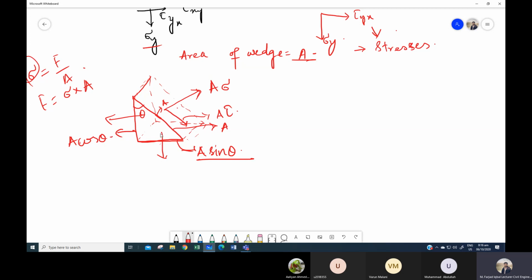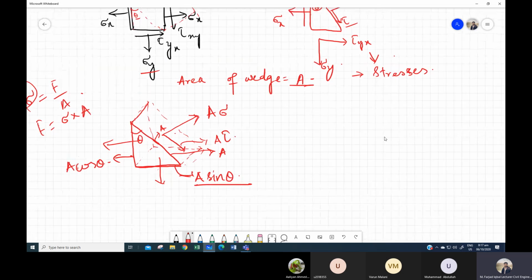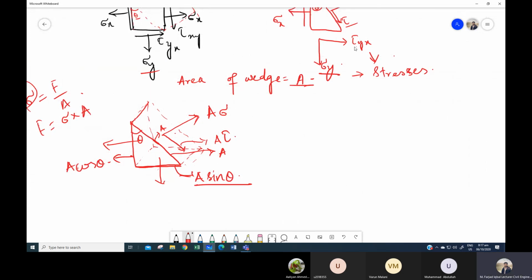Now we have the area, and the stress that was acting on this face was sigma y and tau xy, tau yx.